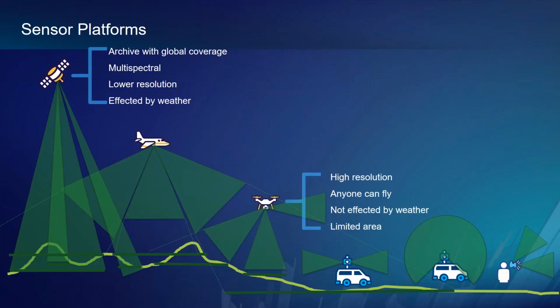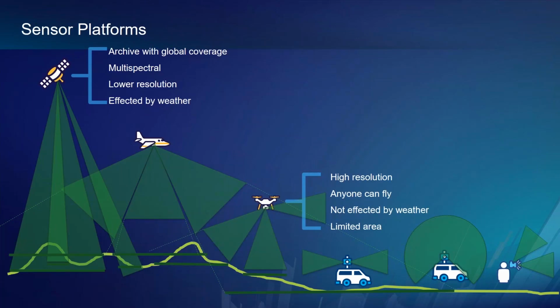They're usually there for a while, capturing imagery, and then it's archived in imagery archives, where we generally have pretty good global coverage for a lot of these different sensors. That global coverage is matched with a large period of time that we can use for analysis. Oftentimes, these satellites are multispectral, which means they can pick up on a wider range of the electromagnetic spectrum.